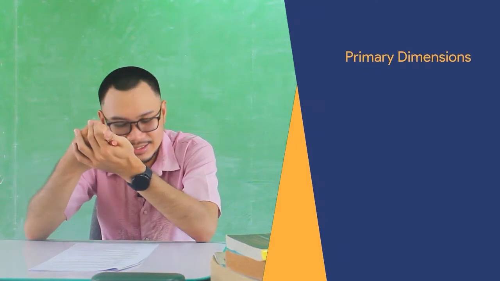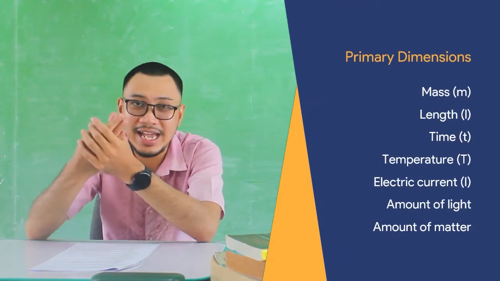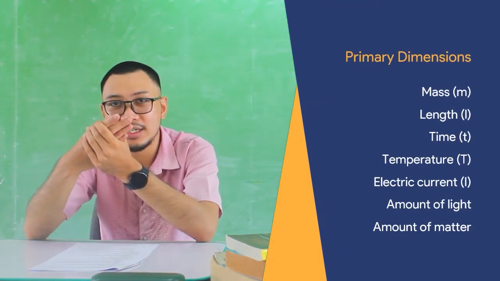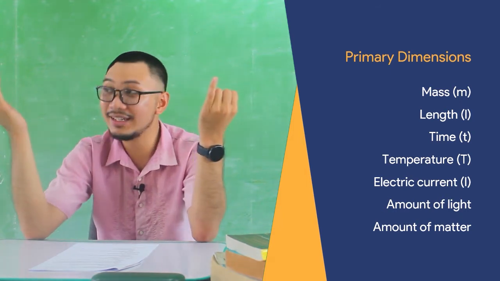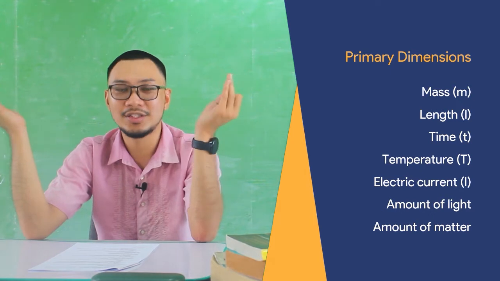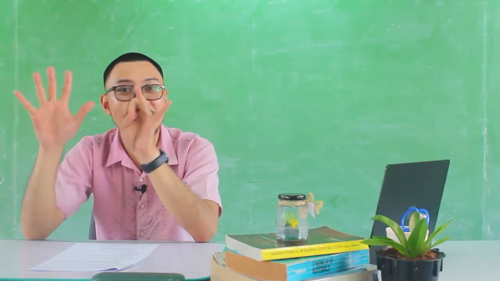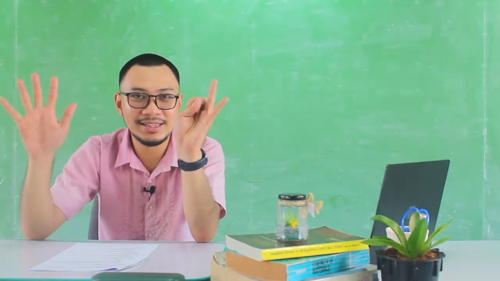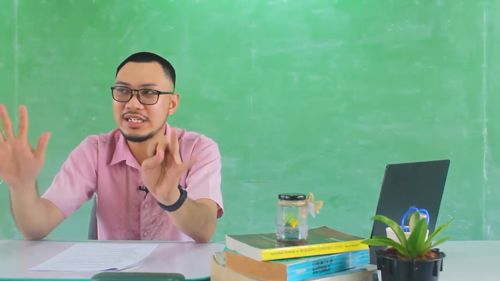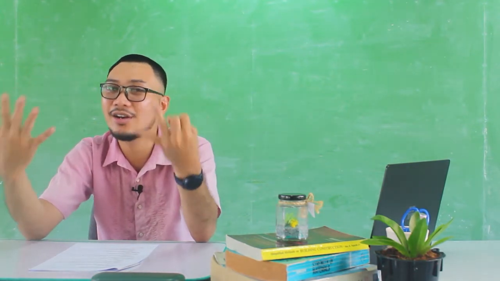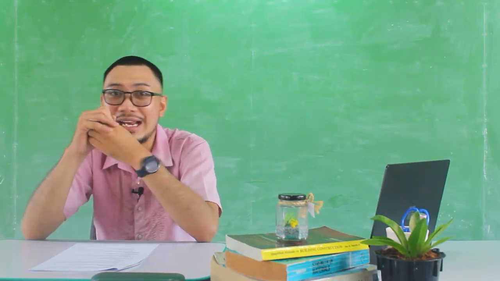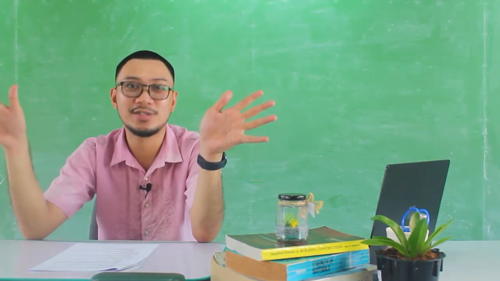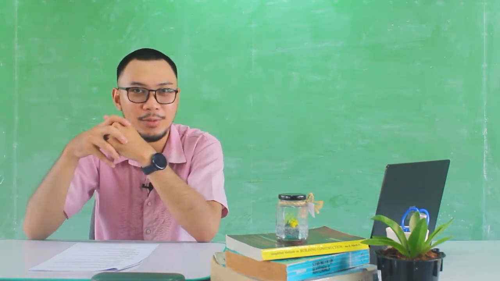These are mass, length, time, temperature, electric current, amount of light, and amount of matter. So actually, those 7 are the fundamental primary dimensions. And those 7 are the only primary dimensions available. Wala na ilain yung mga primary dimensions. Mao lang jud to ang 7 ka buok.